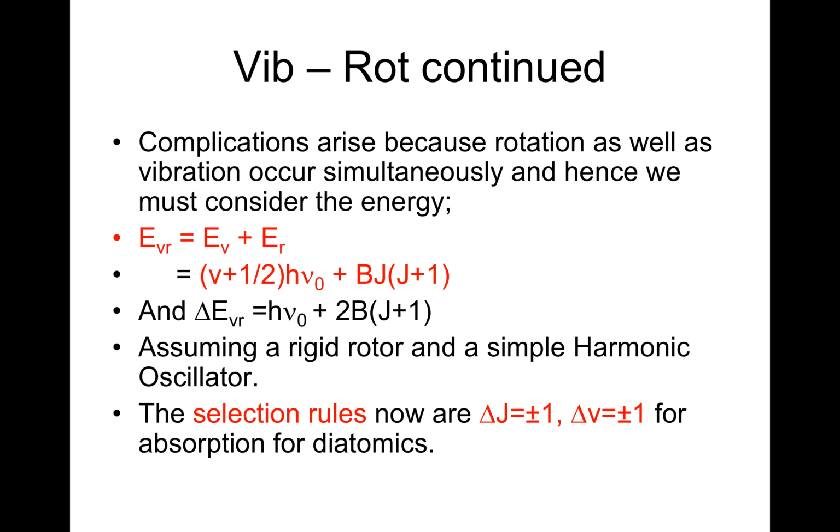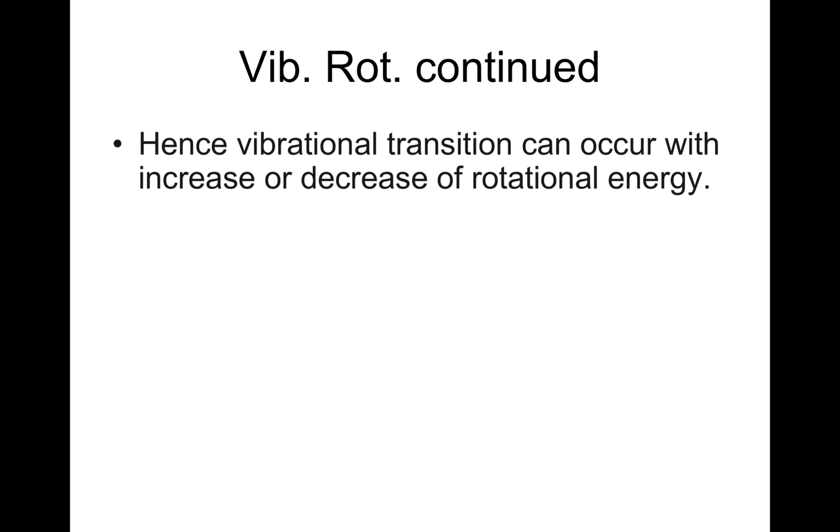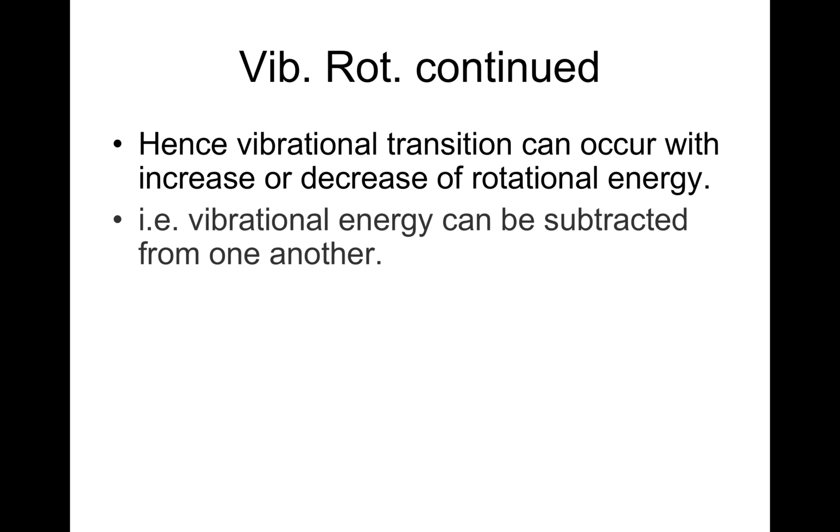The selection rules now are delta J can be plus or minus 1 and delta v can be plus or minus 1 for absorption for diatomics. Hence, vibrational transitions can occur with the increase or decrease of rotational energy. That is, vibrational energy can be added to or subtracted from rotational energy.